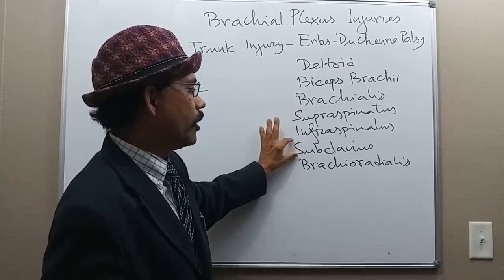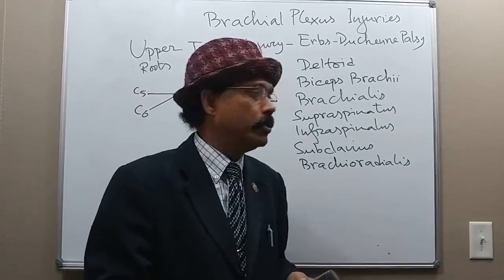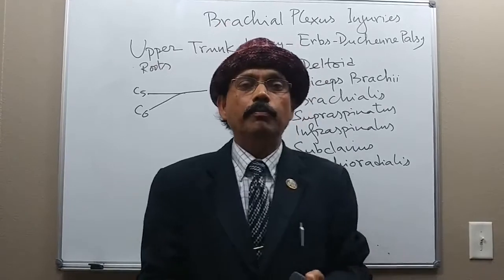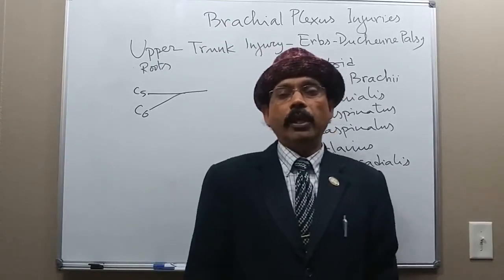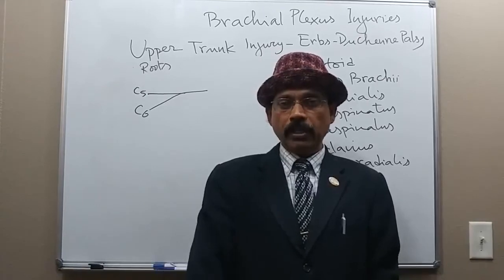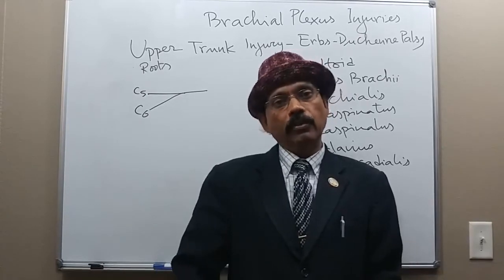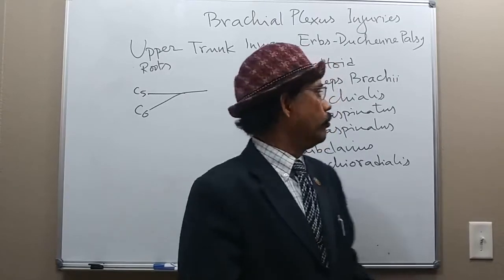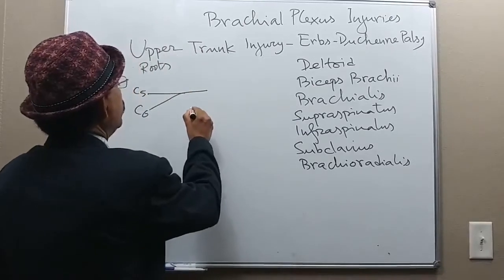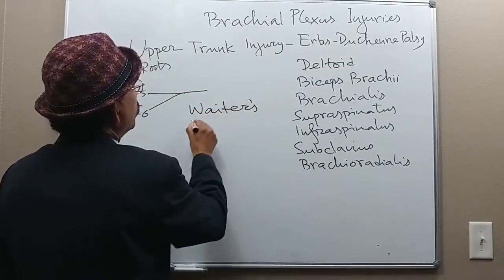This is a small muscle, subclavius. Brachioradialis function will also be disturbed in Erb-Duchenne paralysis, and the person's upper limb will hang by the side and the palm will face back, and flexion and supination is not possible. We call it Waiter's tip sign.